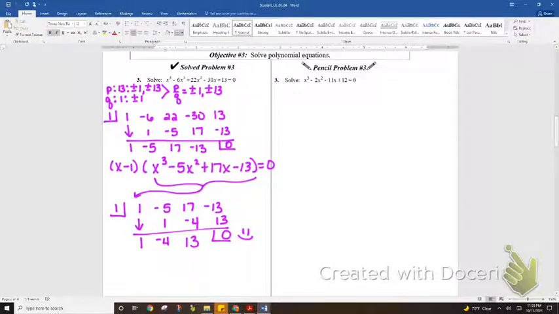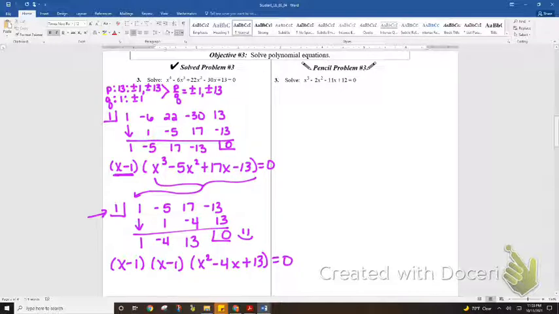So what we have now is we had the original x minus 1 that we came up with. We have our new x minus 1 that we just figured out. And then what we have is our answer. So remember, this problem started out with x cubed, so now we're down to x squared. So x squared minus 4x plus 13 equals 0.